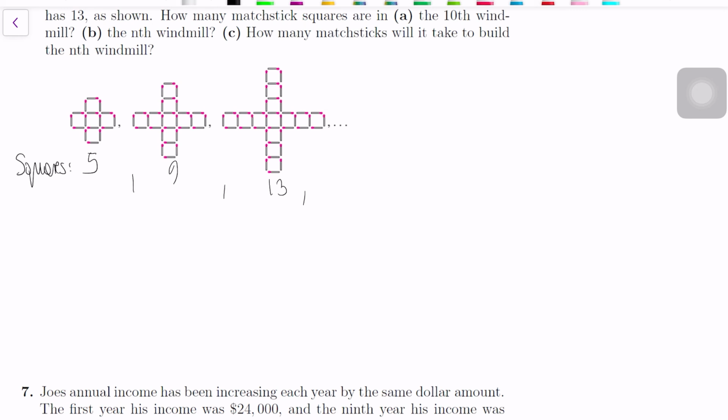The next windmill would have 13 plus 4, 17 squares, because to get to the next, you would have to add 1 square on each arm, so 4 total. So it's an arithmetic sequence where a1 is 5 and the difference is 4.